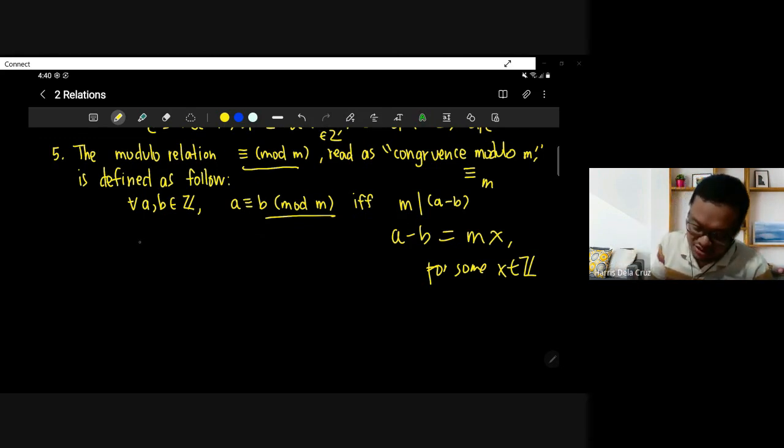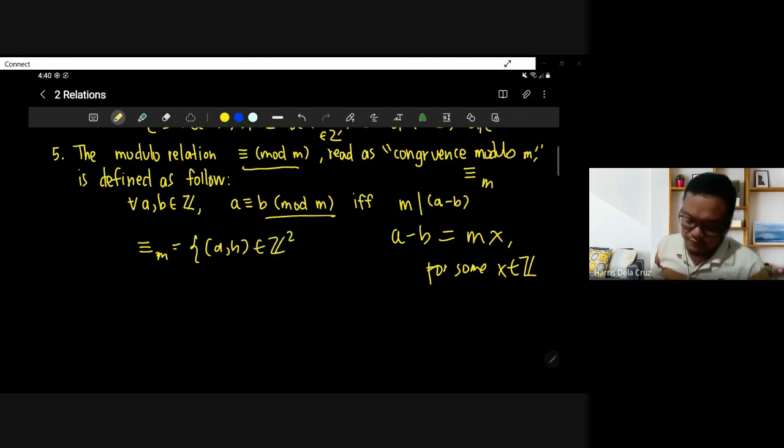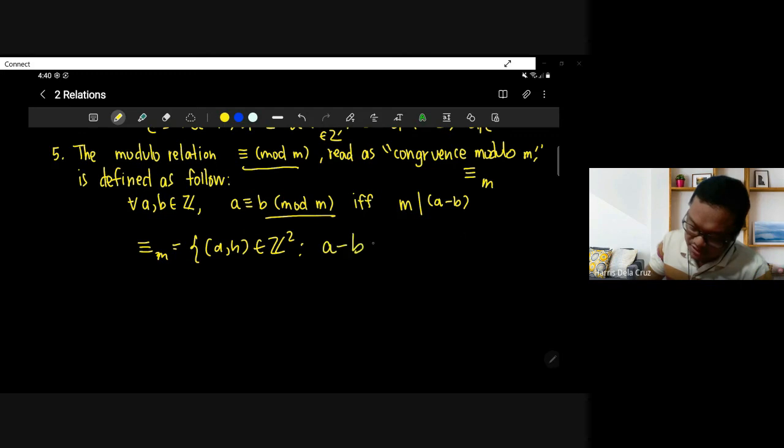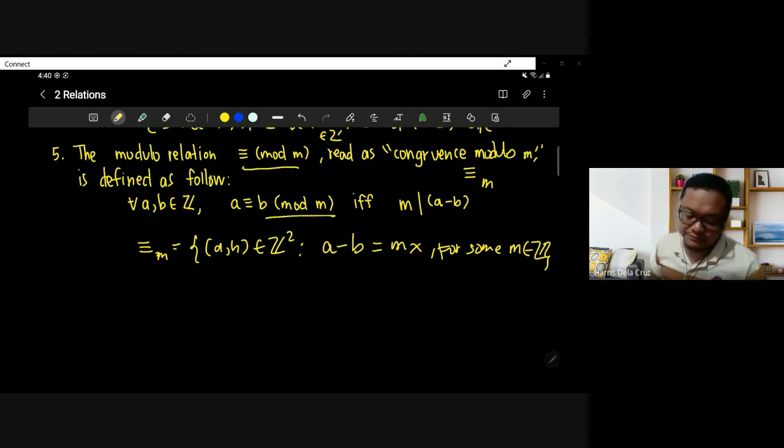So, isusulat natin yung relation na ito to be the set containing all ordered pair AB in Cartesian product C times C to be all set such that it satisfies this one. A minus B is equal to mx for some integer m. Yan. So, yan yung relation na yan. That's the modular relation or the congruence modulo m relation.